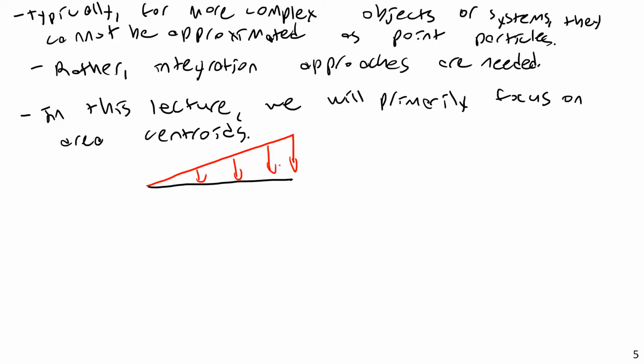We've seen previously that for the centroid of a line load, say with W in kips per foot, if the whole length is L, the centroid is 1/3 from the base, or L over 3.